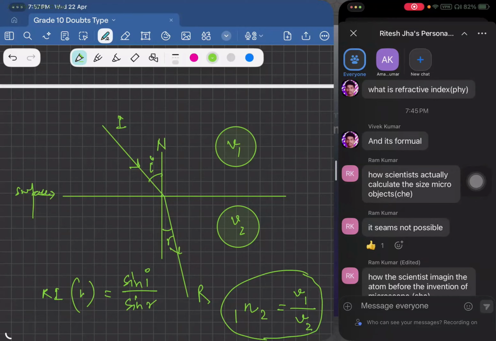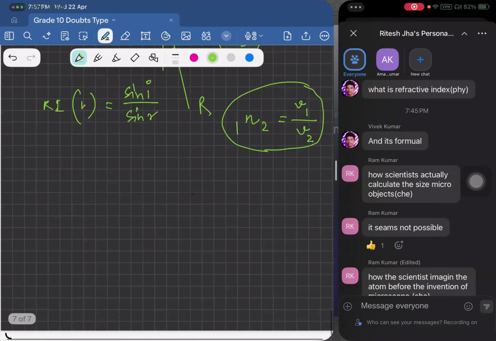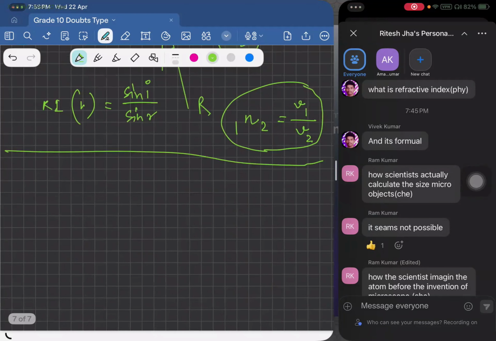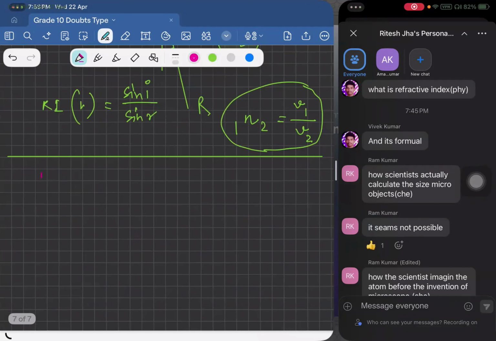Next is how scientists actually calculate the size of micro objects. The thing is, when it comes to microscopy, there are several ways of measuring the dimensions of any object.